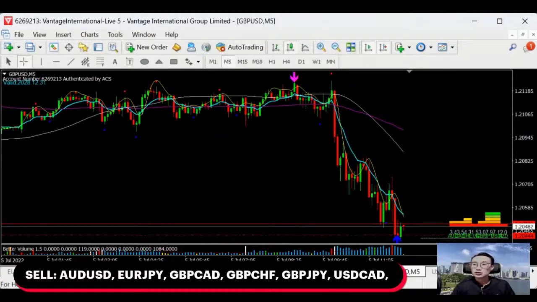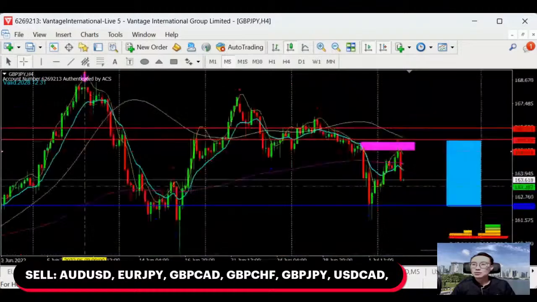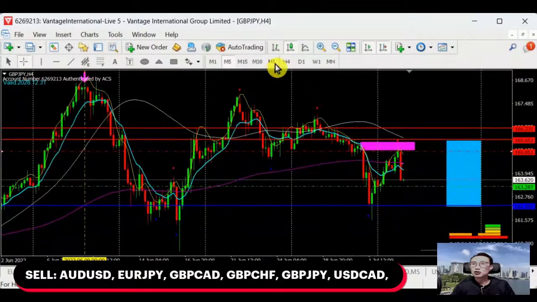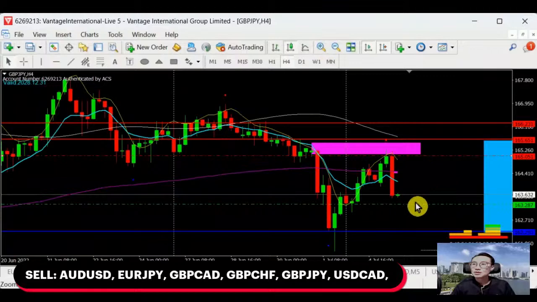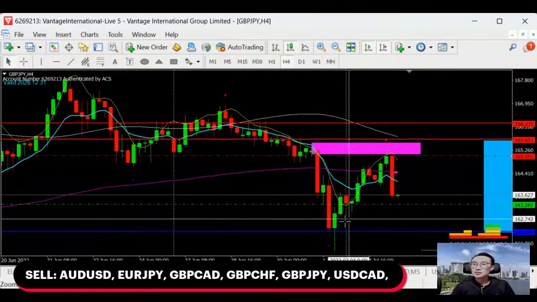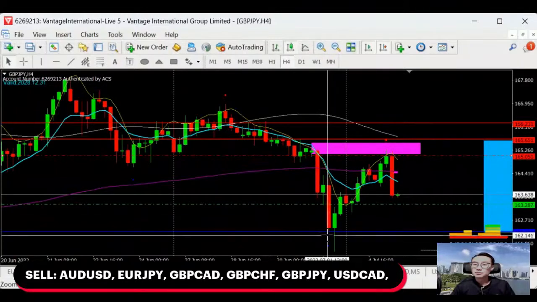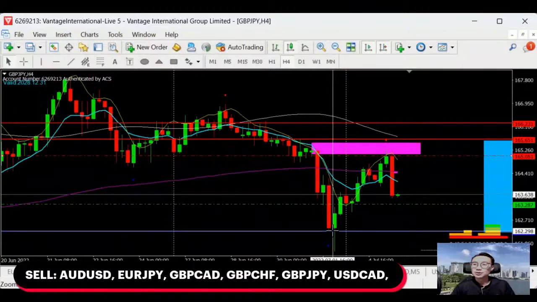Let's come back to pound yen to take a look. Over here I guess more or less it's the end. As you can see, this is the main support, the main reversal support here.